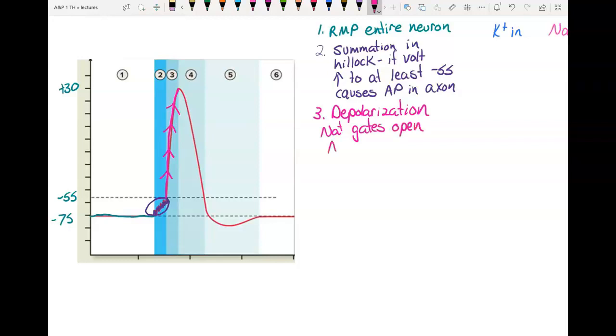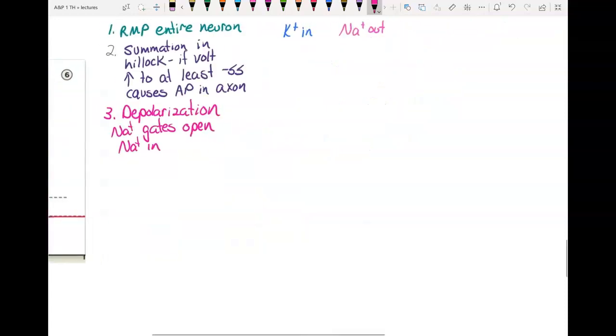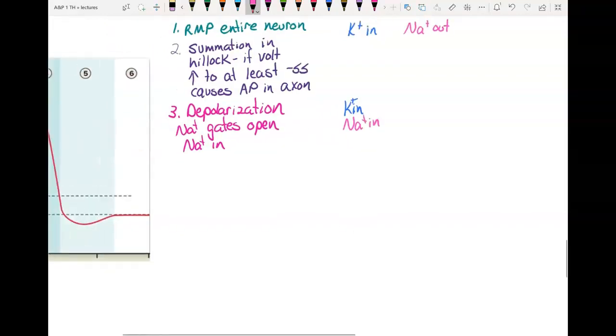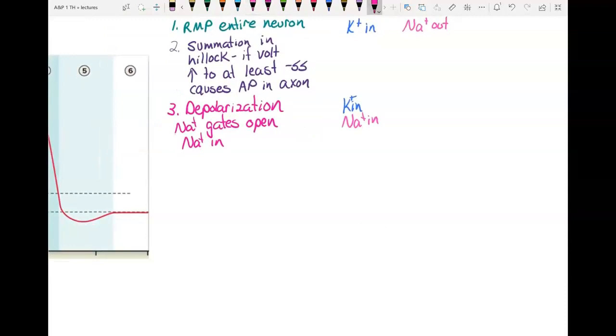And when they do, sodium comes in. Now you have potassium in, and you also have sodium in. So because both of your positive ions are inside, this raises the voltage to +30.